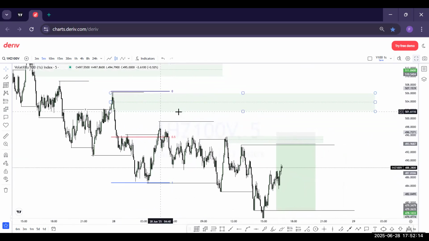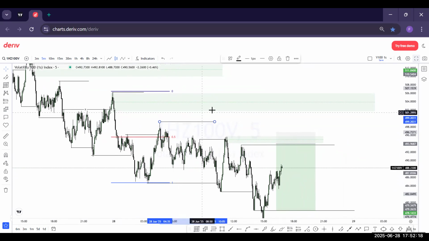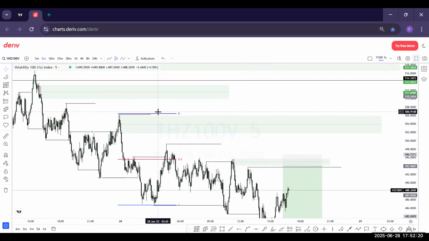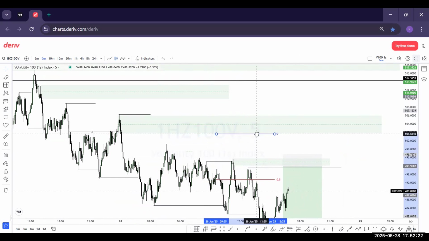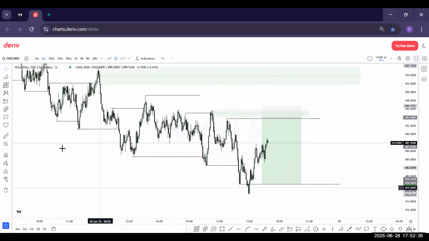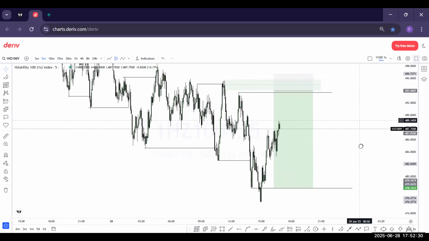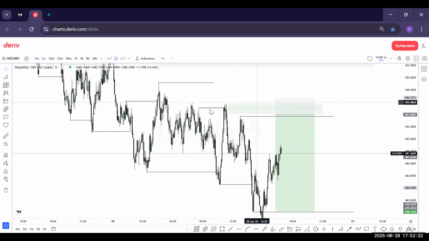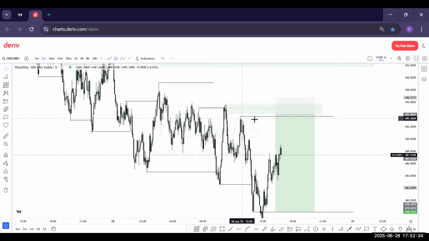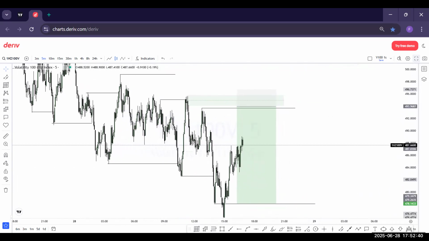I was waiting for price to deliver, but price did not return. All these points of interest are still valid, right? So currently a trade is ongoing, a lower time frame continuation trade. Now, shine your eyes. We have the sweep, inducement, and sweep break inducement. So this is a type 2 scenario.